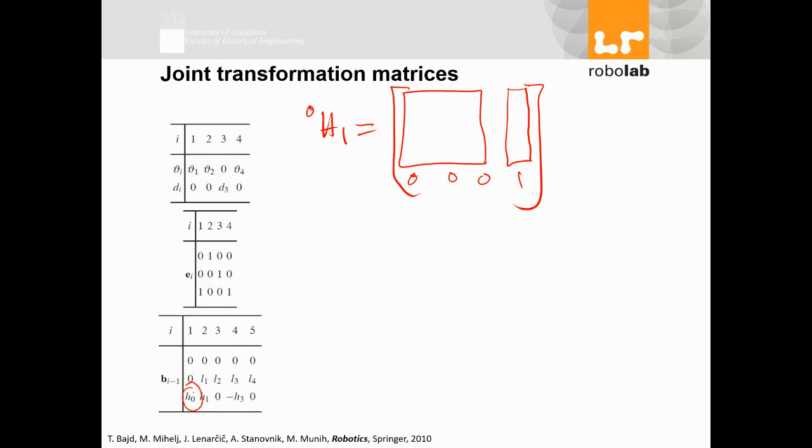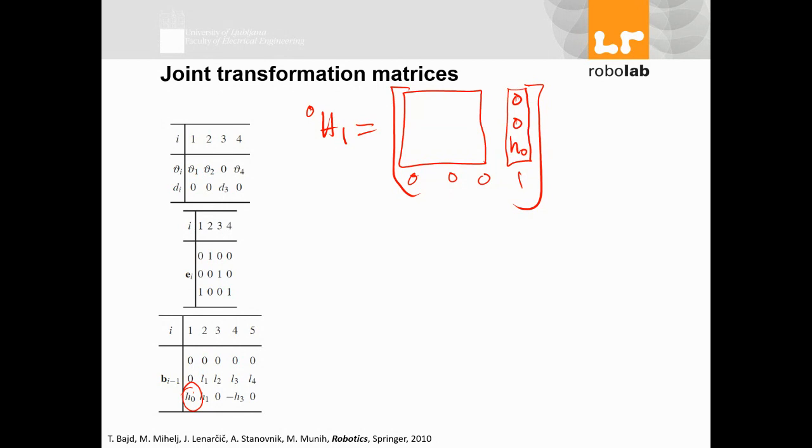As you can see, we have just one translational move as H0. That's it. So we are not changing in terms of coordinate system. We have just an increase of height H0. So it will be 0, 0, H0. As simple as that. And in terms of rotation, I have only one rotation, which is variable.